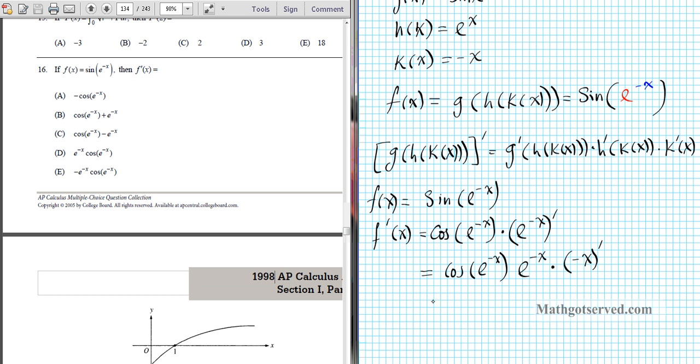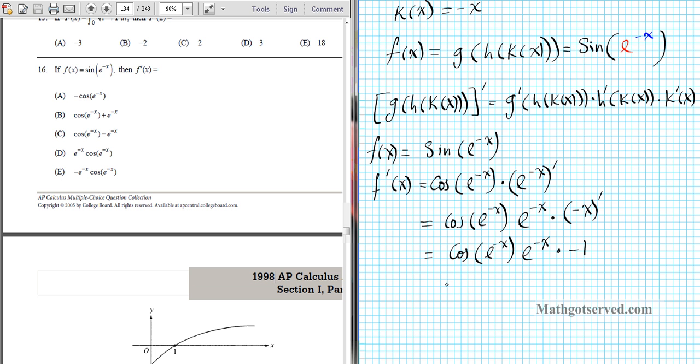Now to do k prime, which is the innermost one, we're going to use the power rule, e to the negative x times the derivative of x to the 1, which is just negative 1. All right? Let's rewrite this. If we write it properly, it's going to be negative e to the negative x cosine of e to the negative x, in parentheses like that. So we can clearly see that the answer is option letter E.